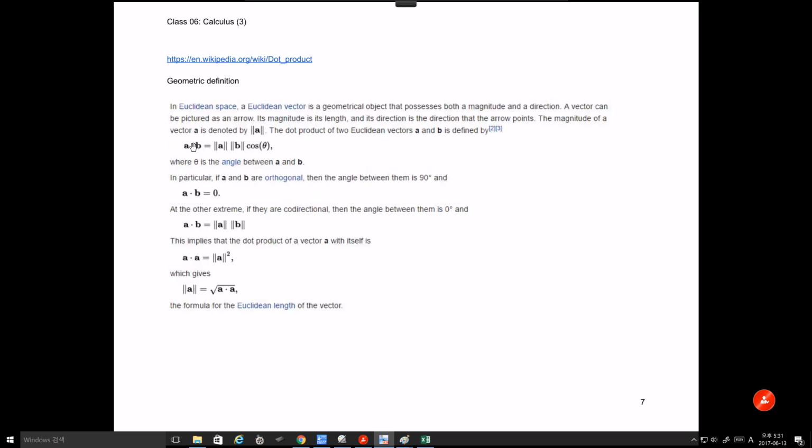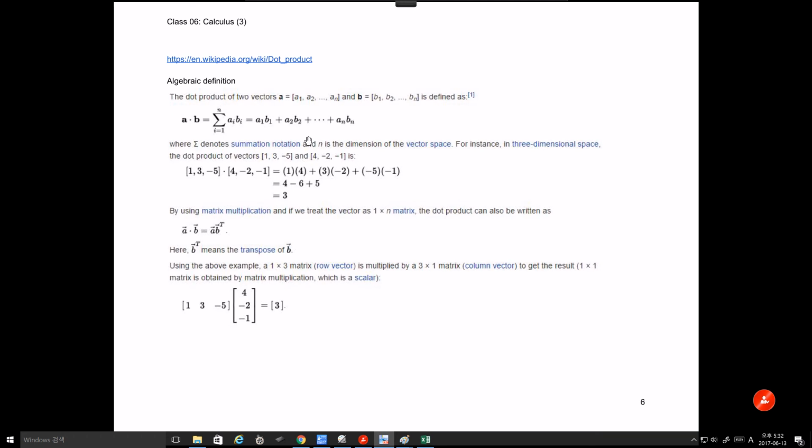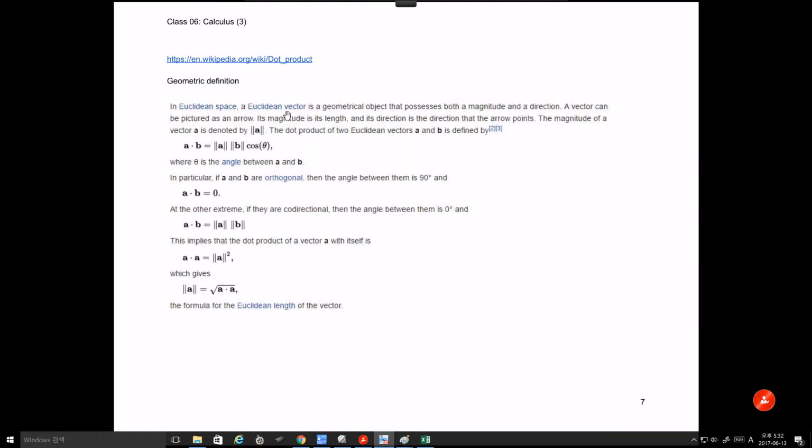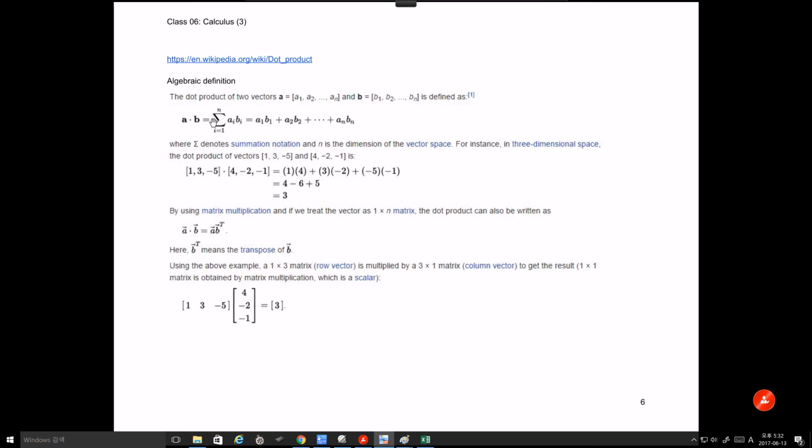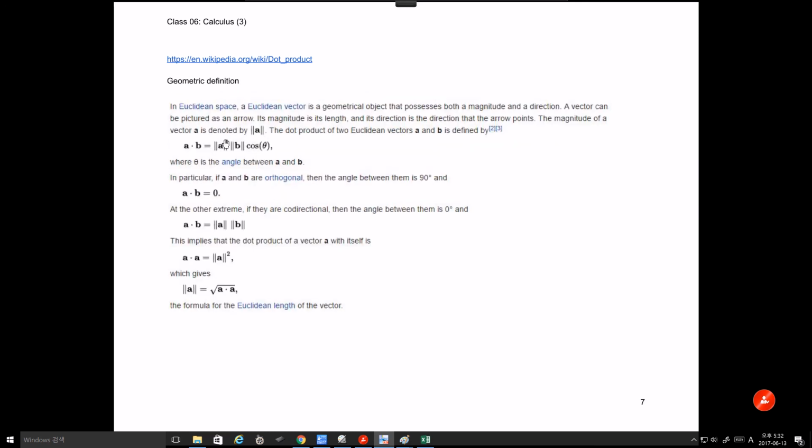Now I define A dot B this way. You can prove that they are always the same.